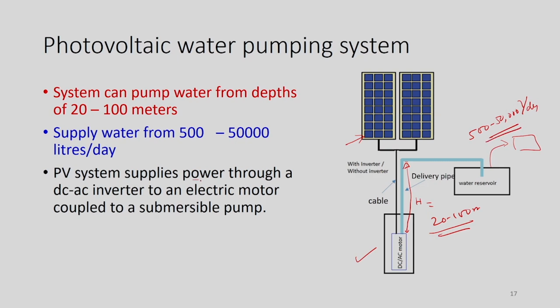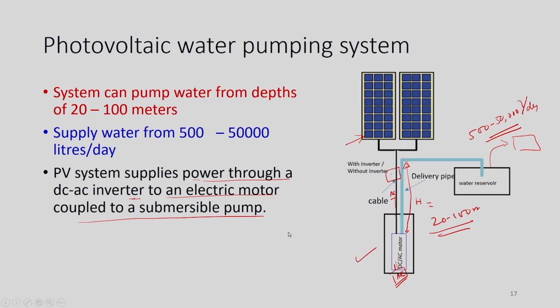So, this PV system supplies water through a DC-AC inverter, okay, to an electric motor coupled to the submersible pump. Okay. Sometimes there are DC cables, if no inverter is connected; if an inverter is there, then these will be AC cables, okay, and this will run on alternating current, right. Otherwise, if an inverter is not there, it means these are DC operated systems, right.